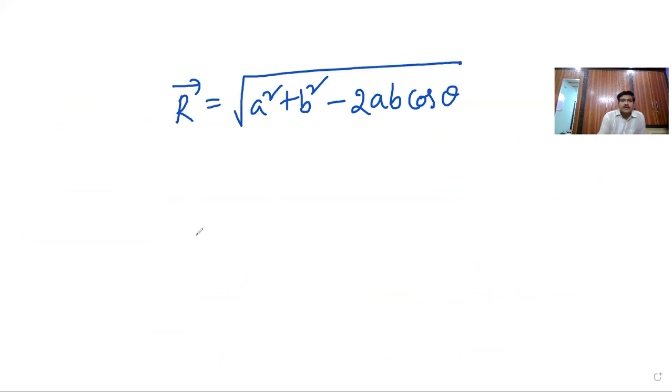That means the difference of two vectors is given as R bar, by means of this one.